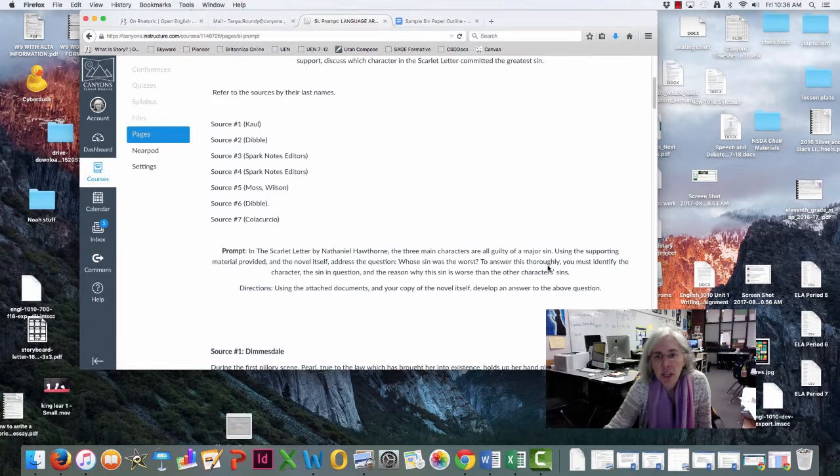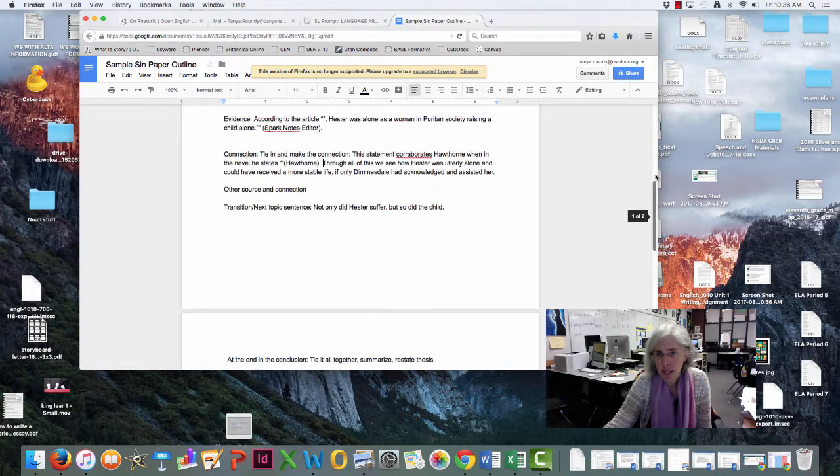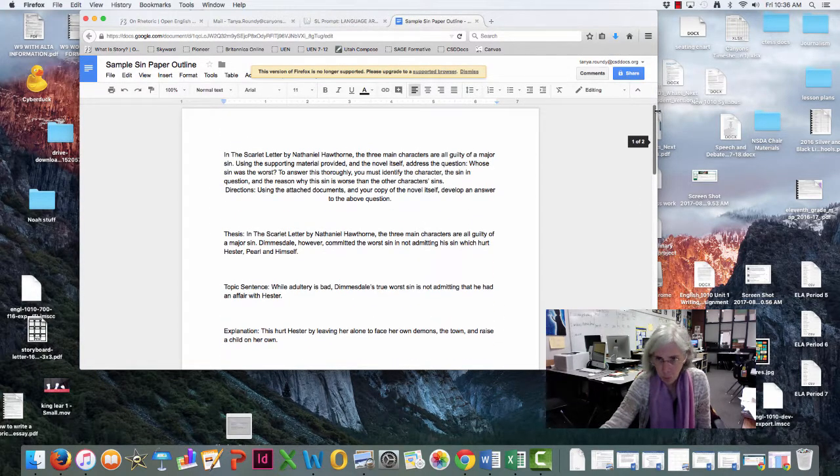To answer this thoroughly, you must identify the character, the sin in question, and the reason why this sin is worse than the other characters' sins. Using the attached documents and your copy of the novel itself, develop an answer to the above question. So I've copied over here into this sample that I will have linked here for you as well in this assignment, a copy of the prompt itself.